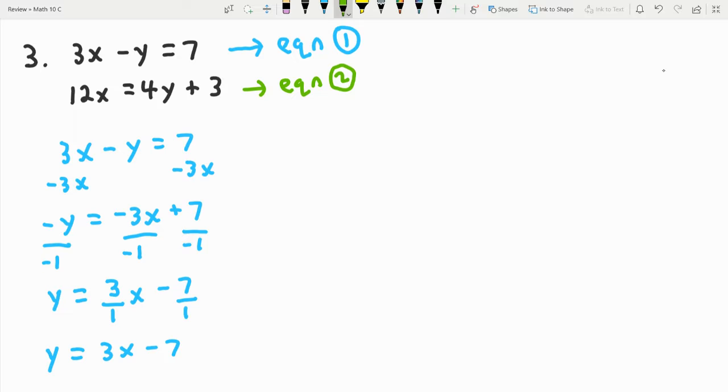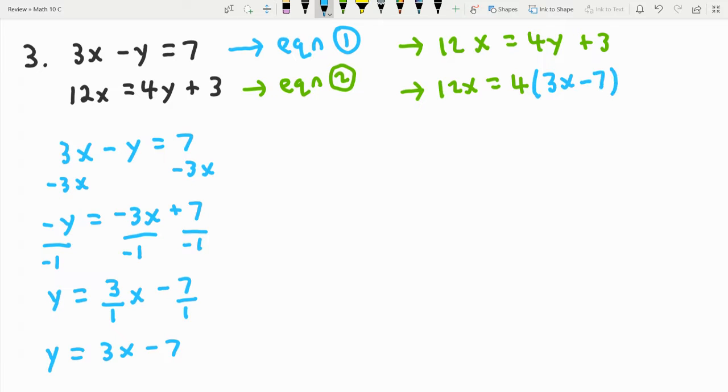So equation 2, I have 12x equals 4y plus 3. What I'm going to do is plug equation 1 into equation 2. So if I do that, I should have 12x equals 4, and now instead of writing y, I would write what y is equal to in equation 1, which would be 3x minus 7.